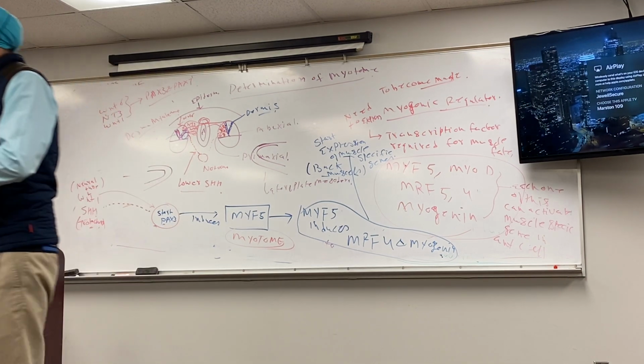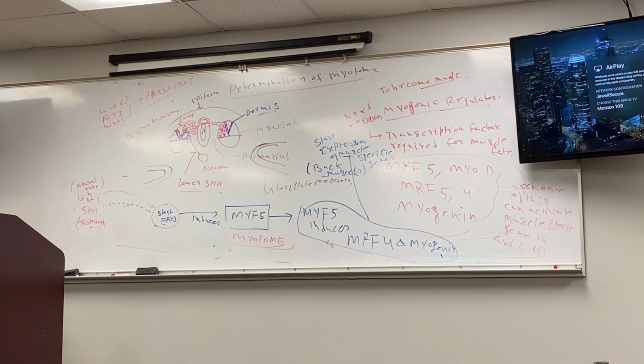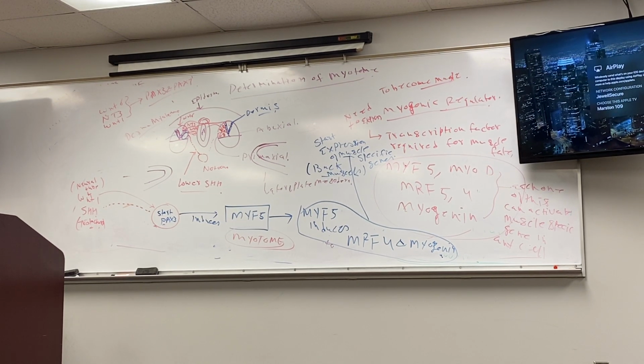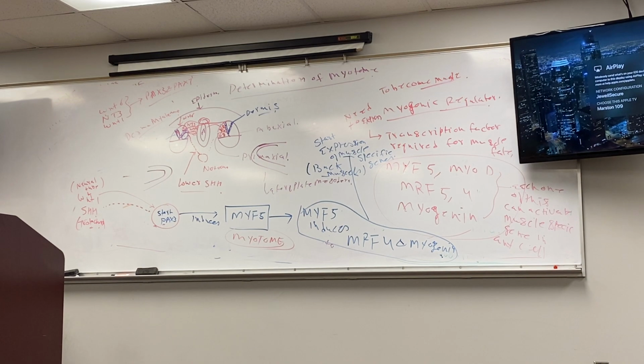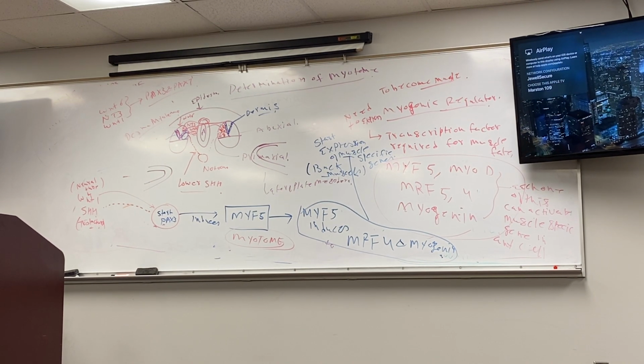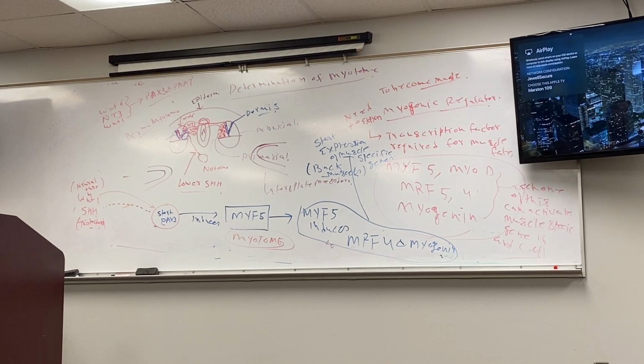Can you just explain real quick again, you were saying that the dermomyotome has Wnt1 and Wnt6. Yeah. And that causes them to express PAX3 and PAX7, to stay as proliferating myoblasts, right? But you said the dermis area is the surrounding area, right?